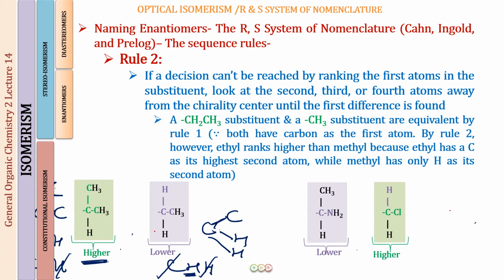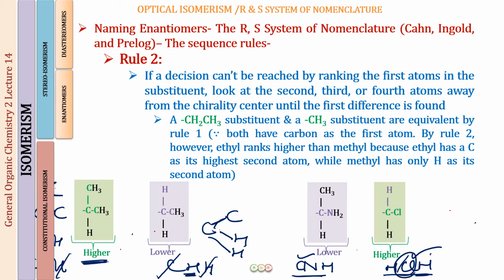Okay, so in this now what you can see is I have a C, a N, and a H, and on this side it is a H, a Cl, and a H. When you're going to compare these, out of these three and these three, which is the atom of highest atomic number? It is going to be chlorine.